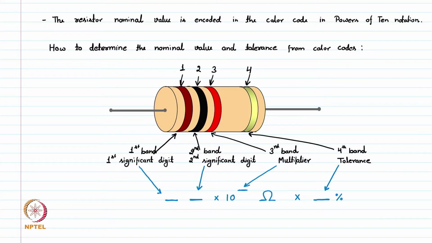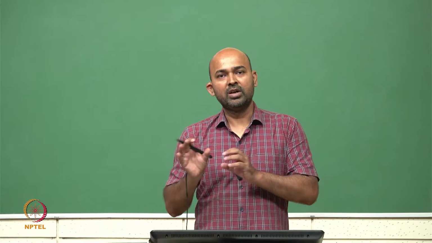So it becomes 10 multiplied by 10 to the power of the multiplier. Let us say the multiplier is 2, so 10 to the power 2. So 10 into 100 is 1000. So this resistance value is 1000 ohm.